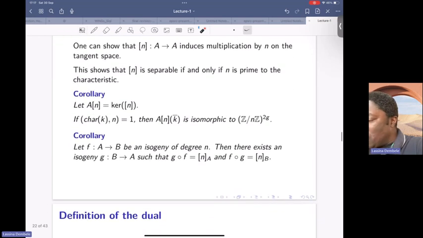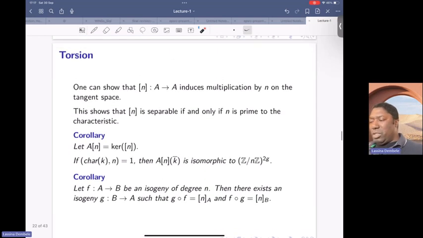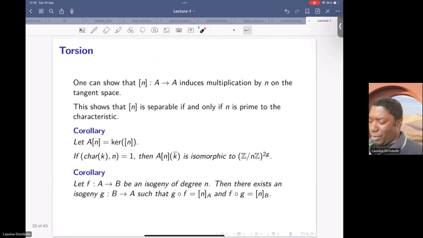So as a corollary of these two propositions, we can actually, as a module, say what the torsion group looks like.